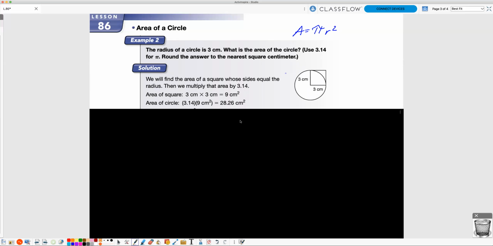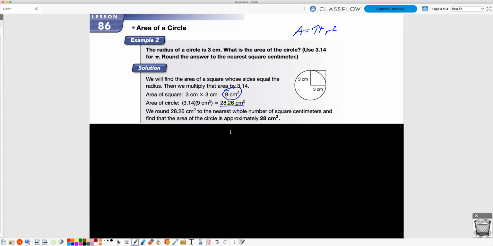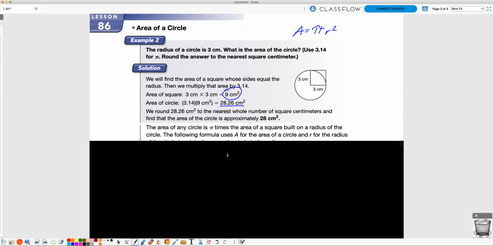The area of the square in this case would be 3 centimeters times 3 centimeters, which equals 9 centimeters squared. So you'd take 3.14 times 9 centimeters squared, which equals 28.26 centimeters squared. If you were to round that to the nearest whole number, noticing that this is a 2, that remains an 8, it would be 28 centimeters squared.